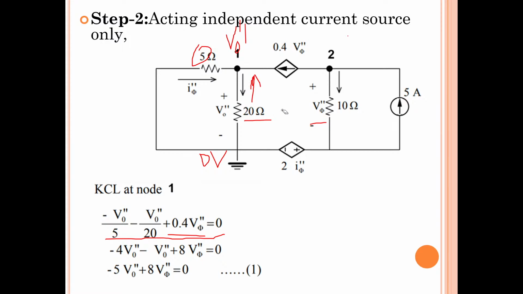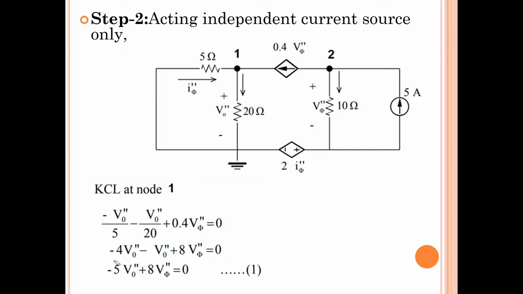Even though I have mentioned arrow marks downward, it is the upward direction I have considered for the currents. So 0 minus V naught double dash becomes minus V naught double dash by 20. Here also minus V naught double dash by 5 plus 0.4 V5 double dash.